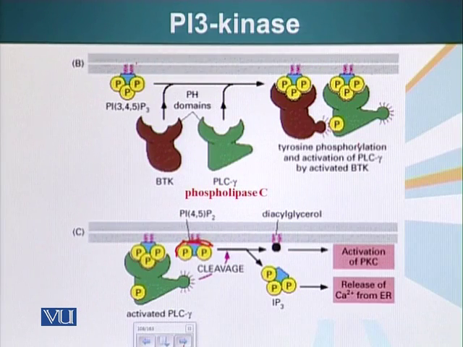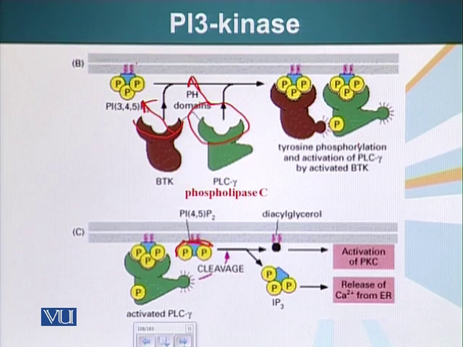BTK stands for Bruton's tyrosine kinase, which has a pleckstrin homology or PH domain that can bind phosphatidylinositol triphosphate. Also, another molecule, PLC gamma, also has this domain. This can also bind another, different molecule of PIP3.